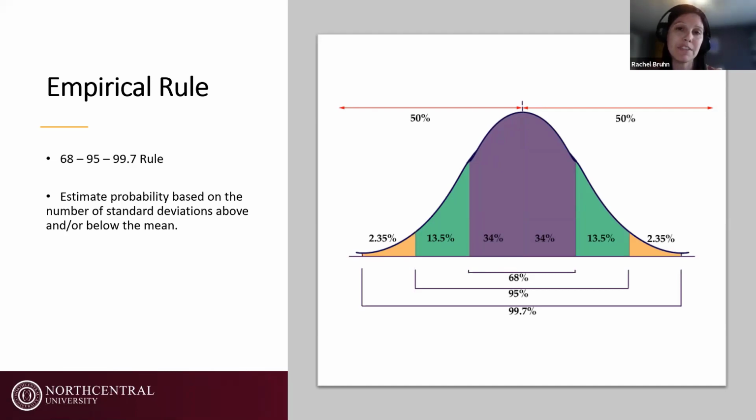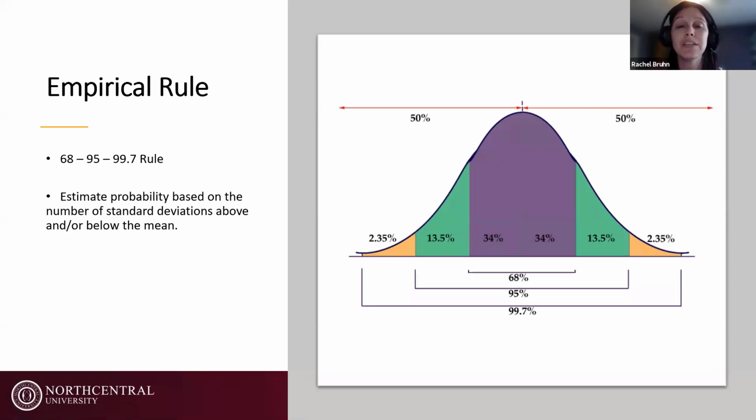If I wanted to bump that out to 2 standard deviations, then I'm now including the green. So this is 1 standard deviation below. If I go 1 more standard deviation below, I'm now 2 below. And then same going the other way. If I go up 1 standard deviation, up 1 more standard deviation, I'm 2 above, 2 below.